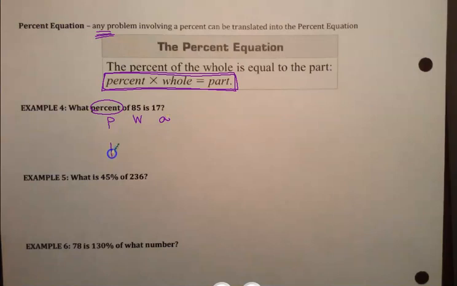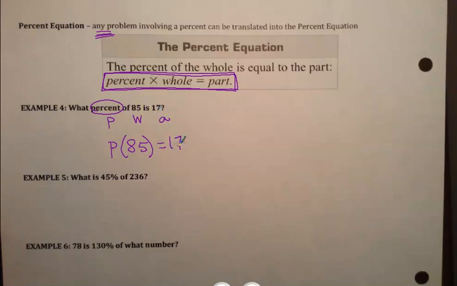Our percent, we don't know, it's P, times, I'm plugging it into this formula, my whole is 85. Let me get rid of this X. I tell you guys all the time I don't like the X, and then I use it sometimes. So it's percent times the whole, which is 85, equals the part, which is 17.